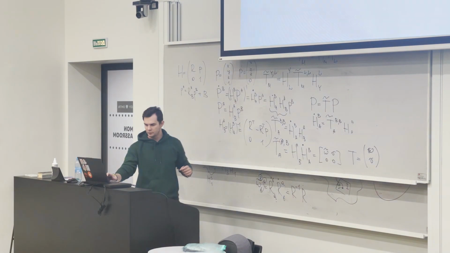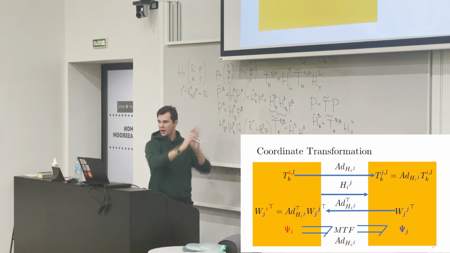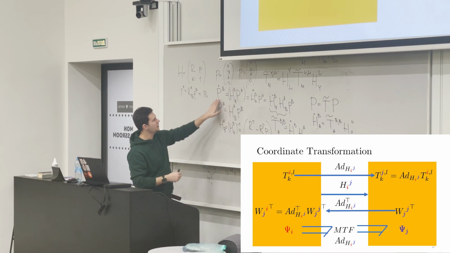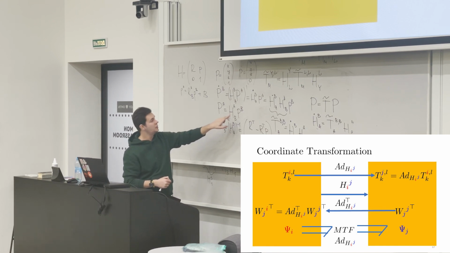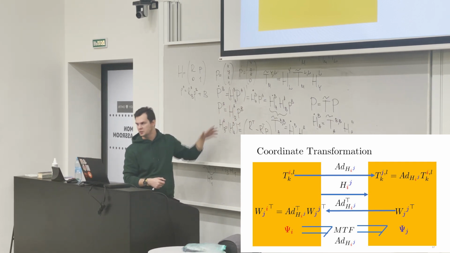If we have 2 frames, I and J, we can go from one frame into another one by using a homogeneous transformation matrix. So we need to multiply with the homogeneous transformation matrix, and we will get the same entity but in a different frame.